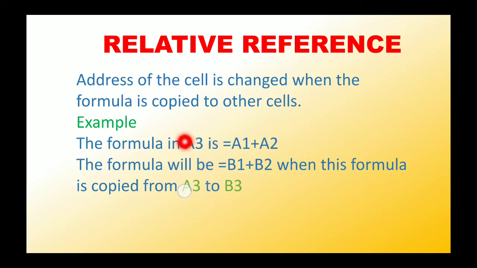For example, if we copy the A3 cell and paste it into cell B3, then A1 and A2 will not be added now, but the values related to the B3 cell, that is B1 and B2.